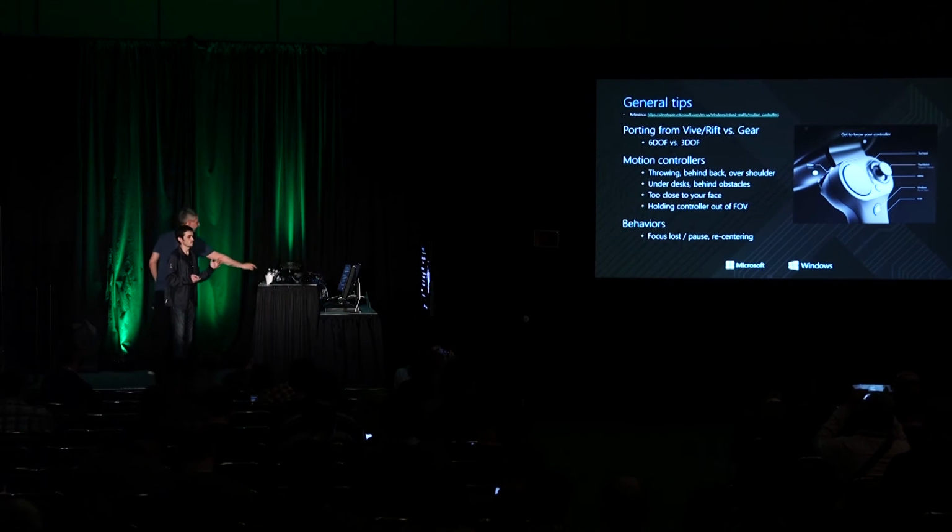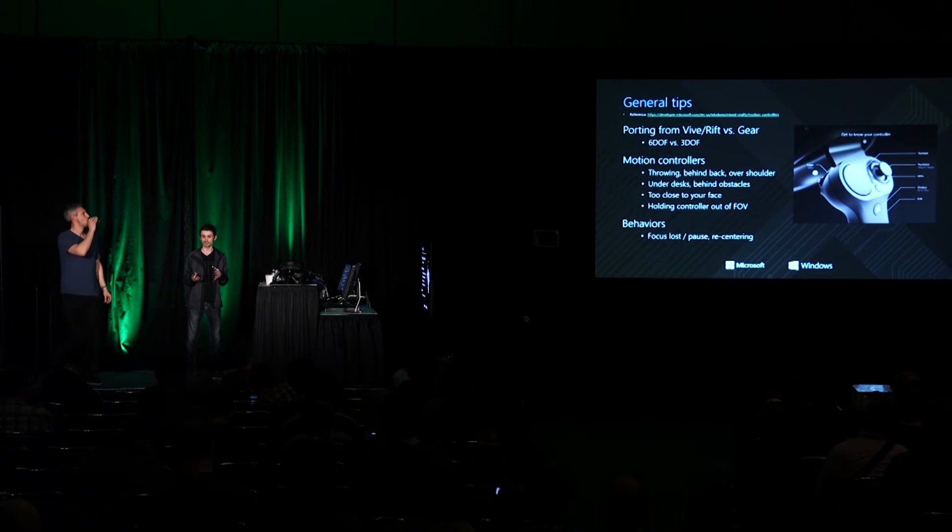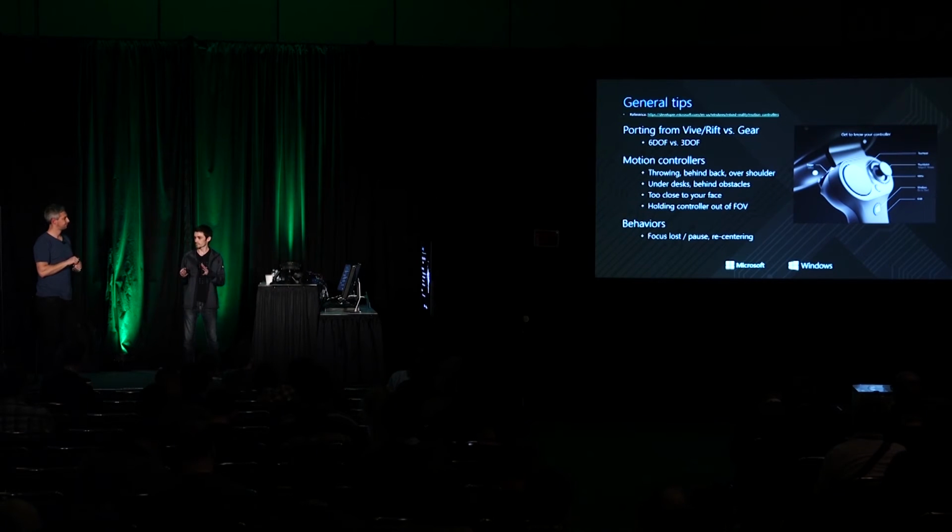Because as you'll notice, with this headset and these motion controllers, there are a lot of things that are similar to others that are out there, and there are also some unique differences that you'll see with ours compared to others. So depending on where you're coming from, you might have different adjustments or different tips that you might want to take advantage of. As an example, if you're porting from Vive or Rift, of course, those are also 6 degrees of freedom. That means you can pretty easily port your experience from theirs to Windows Mixed Reality.